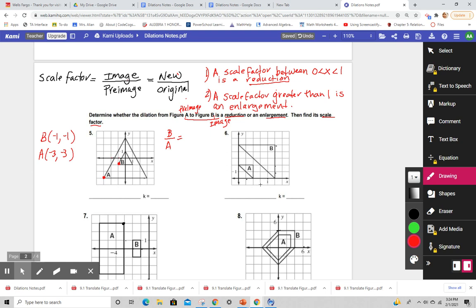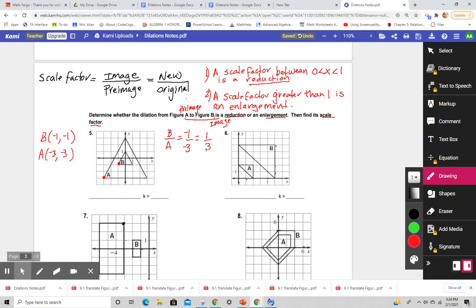It doesn't matter, it's going to give us the same answer. If I take the ratio of the x coordinates, that would be -1 for B and -3 for A, which gives us 1/3 because a negative divided by a negative is positive. If I use the y values instead, I would still get the same answer. So it really doesn't matter if you take the ratio of the x's or the ratio of the y's, you're still going to get the scale factor.